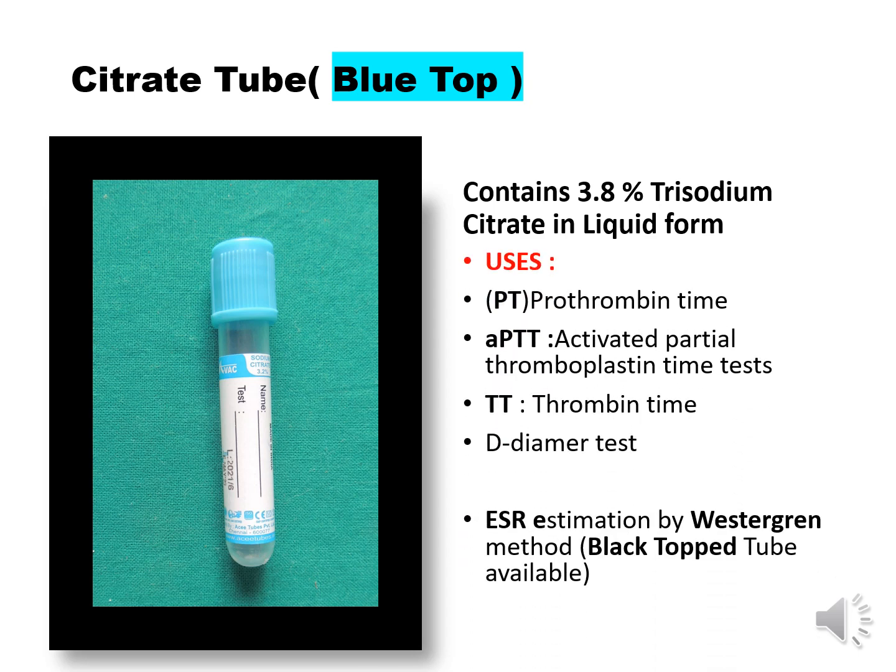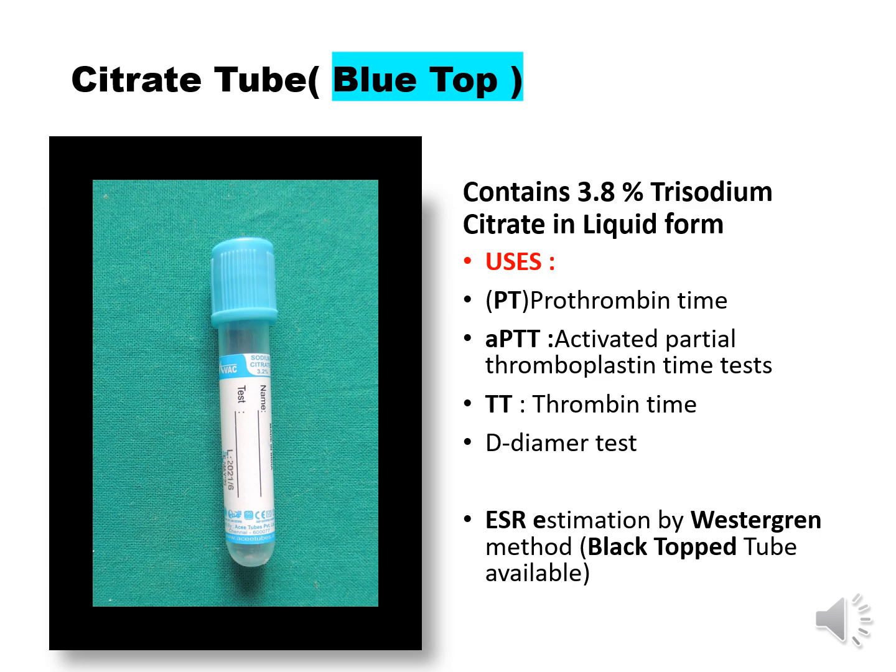Uses of the citrate tube are mainly in coagulation studies, and the tests are PT, prothrombin time, APTT, activated partial thromboplastin time test. Next is TT, thrombin time test, or D-dimer test. D-dimer test, you must have recently heard of in the corona pandemic.